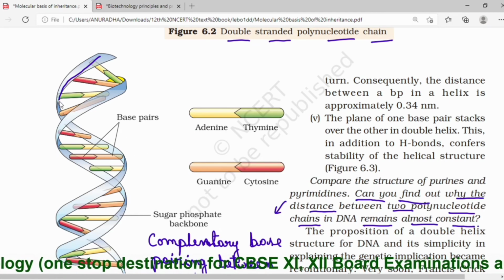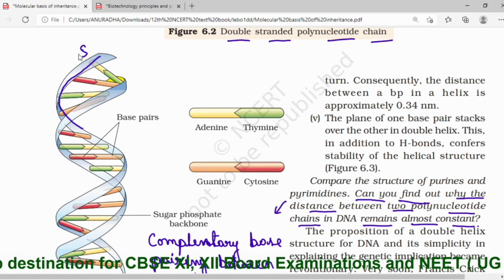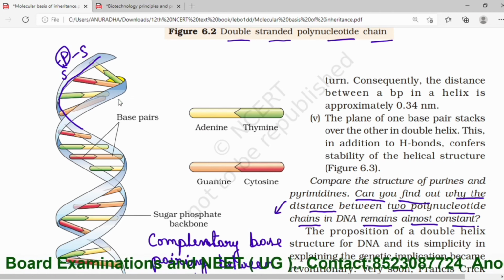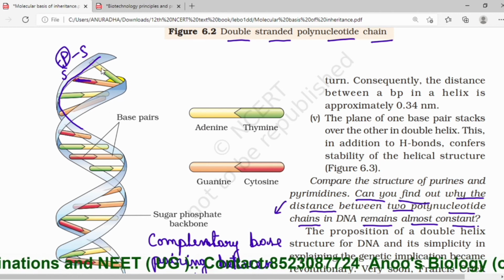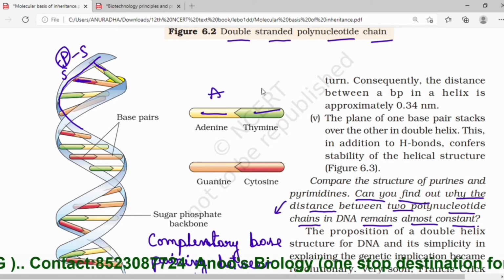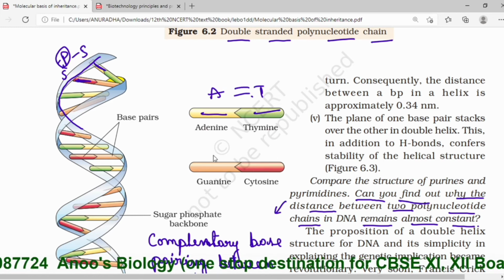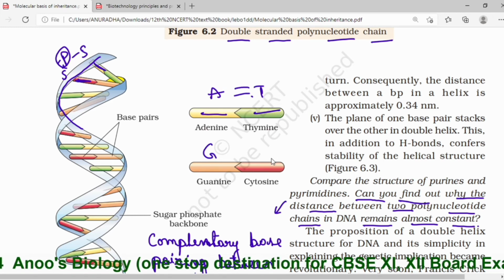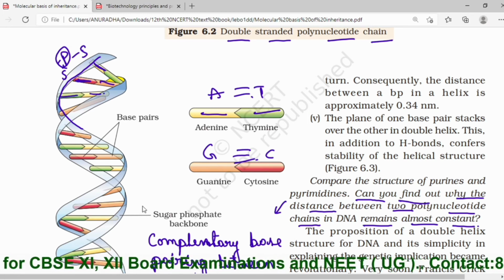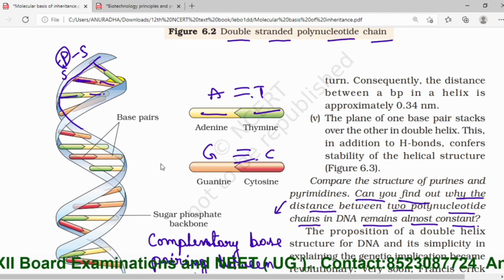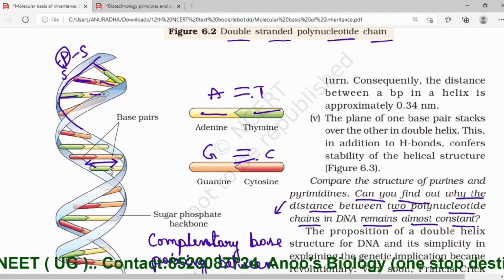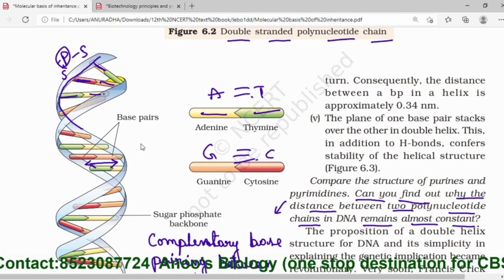This is the backbone formed by sugar and phosphate, sugar, phosphate, sugar, phosphate. Like this, sugar and phosphate form the backbone, and nitrogen bases are projected towards the inner side. Adenine pairs with thymine only, by the formation of two hydrogen bonds in between. Guanine pairs with cytosine only, by the formation of three hydrogen bonds in between. So like this, complementary base pairing occurs between the nitrogen bases of opposite strands, due to which the distance between two polynucleotide chains is almost constant.